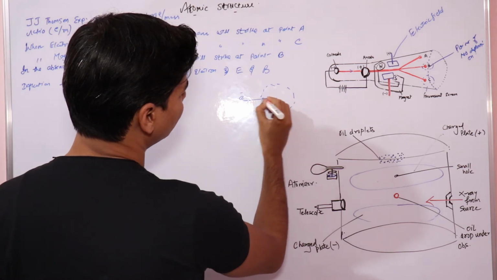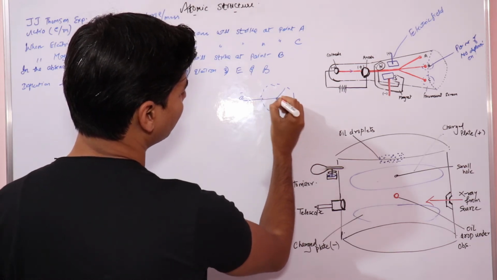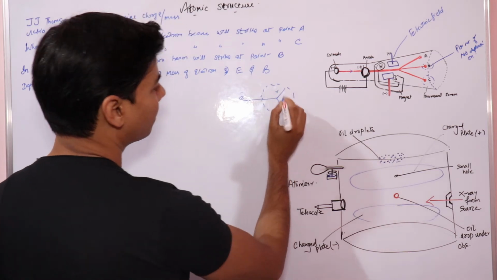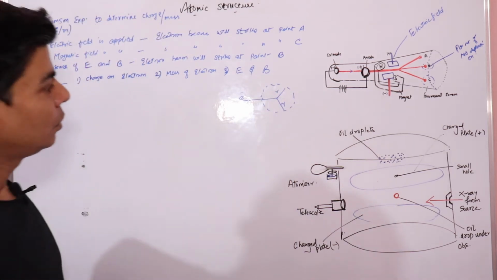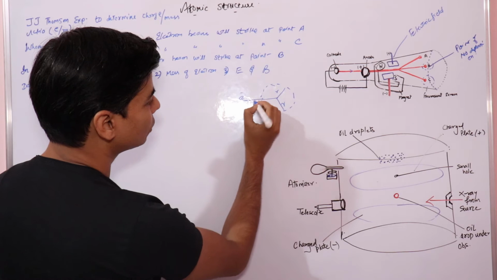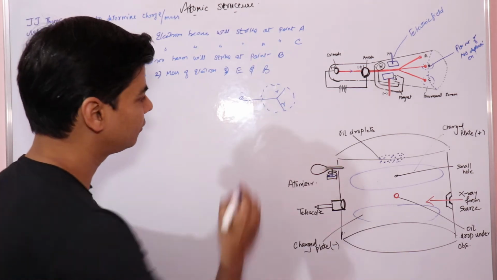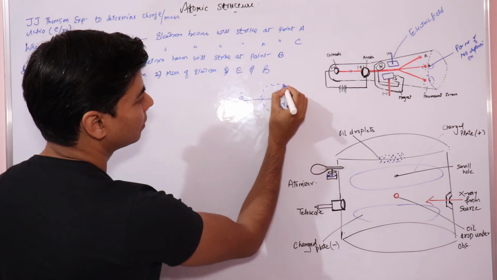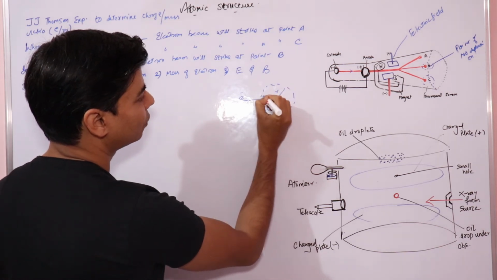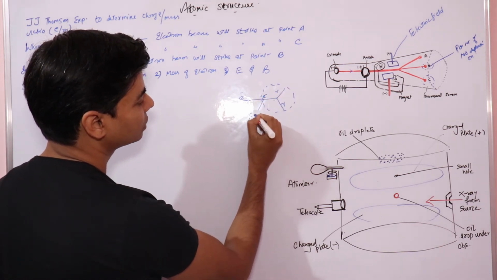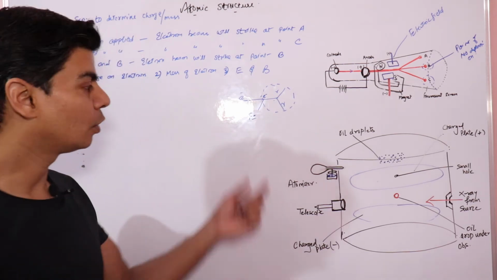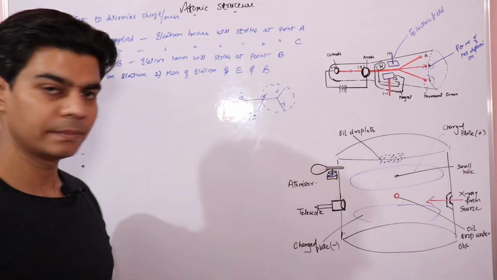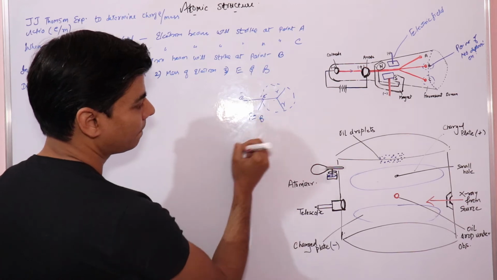This is how it will rotate, right? So this electron would be exerted by a magnetic force. The magnetic force that will get applied on this electron when it enters the magnetic field is B, right?